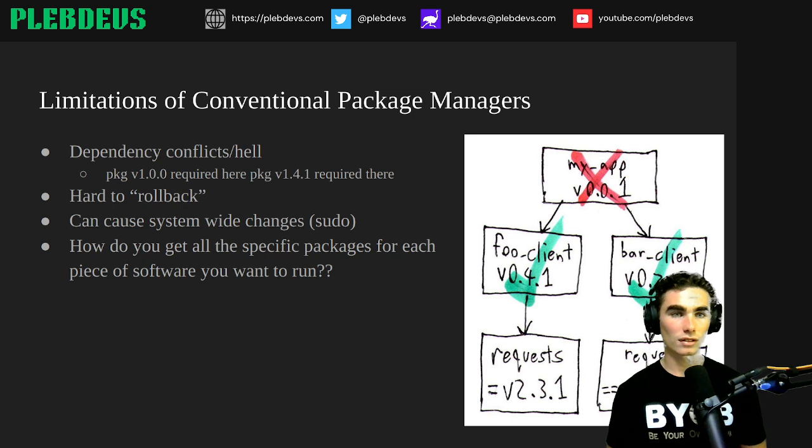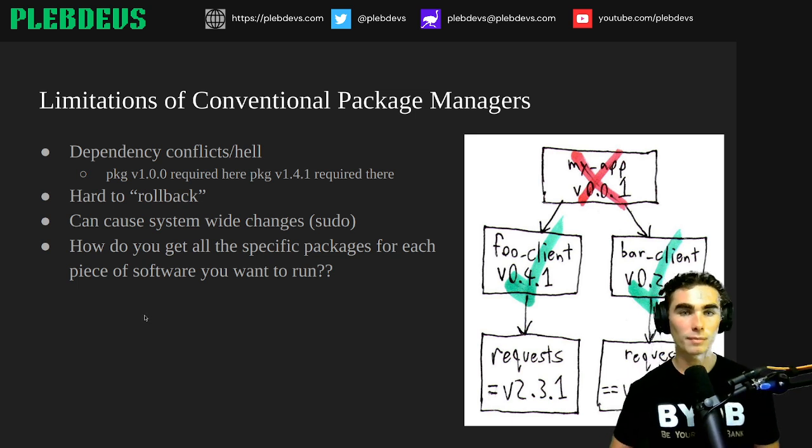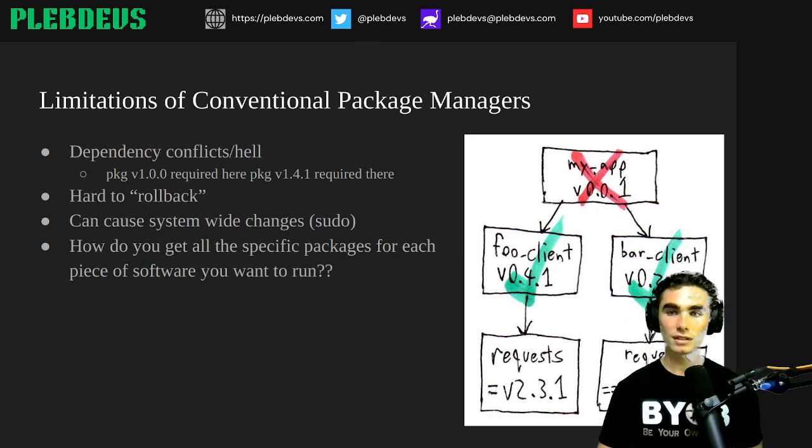And there are a lot of limitations of conventional package managers. One is dependency conflicts, also known as dependency hell. Say we have this example over here where we're building an app, and this app relies on two libraries, foo client and bar client. Each of these is fine, but they each use different versions of this requests library.